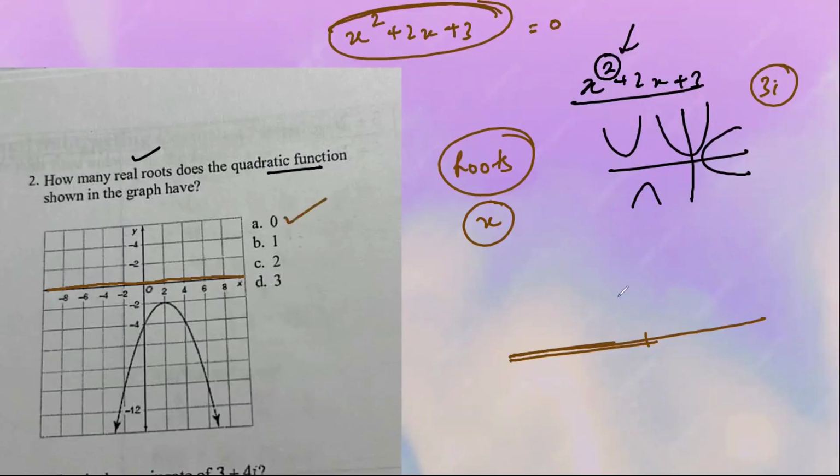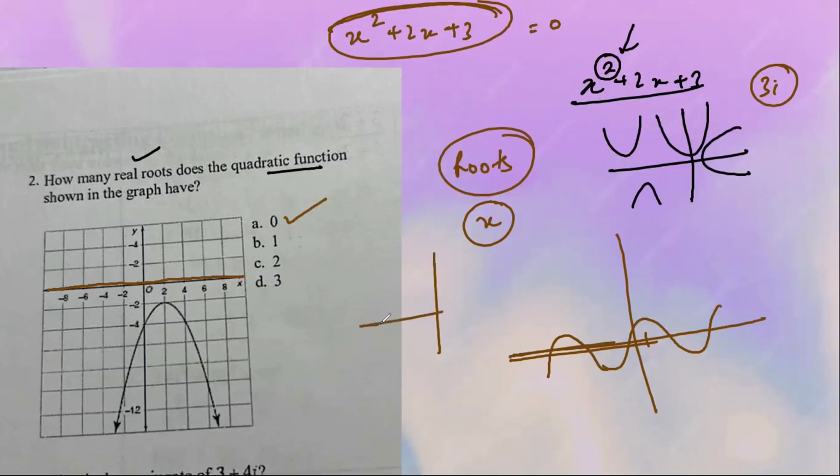So to get real roots, the graph should cross the x-axis either once or twice or thrice or 4 times. It depends on the function. If it is quadratic, then it will for sure meet the x-axis at most 2 times, right?